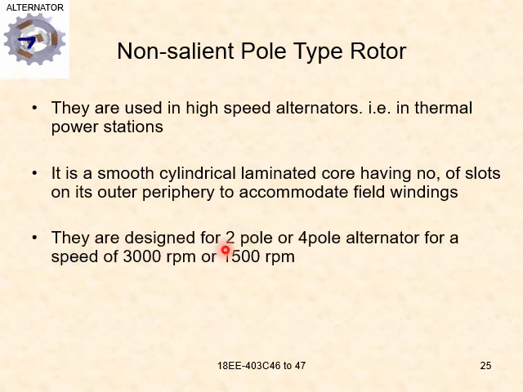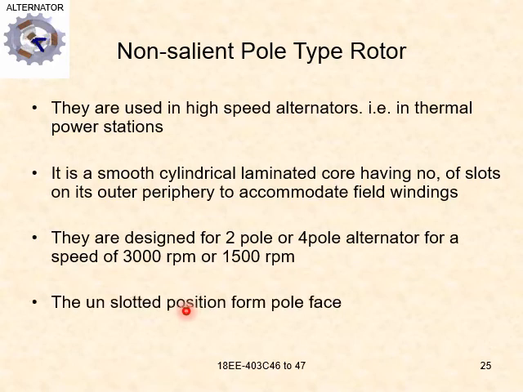They are designed for 2-pole or 4-pole alternators for a speed of 3000 rpm or 1500 rpm, and the unslotted portion forms the pole faces.